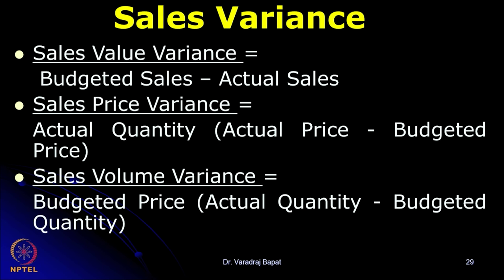Then we have got sales volume variance. Volume here refers to quantity. So it is a comparison of quantity, actual quantity minus budgeted quantity, and we multiply it by budgeted price. So total value can be broken into price related reasons and quantity or volume related reasons. Getting it?